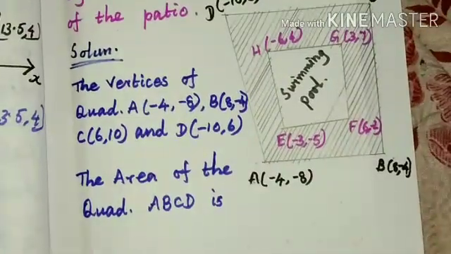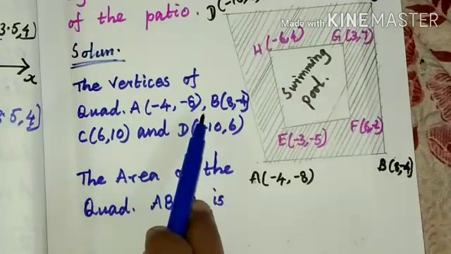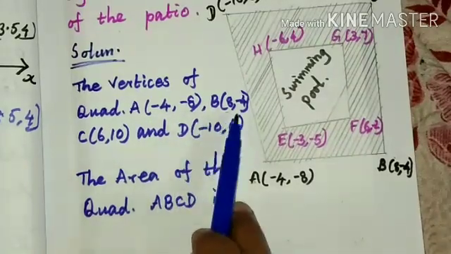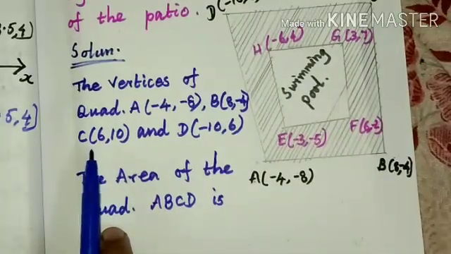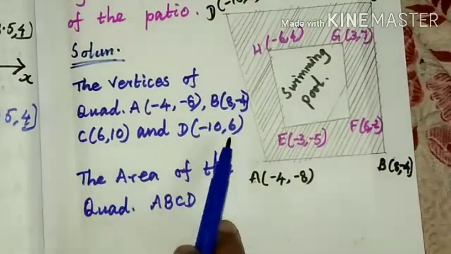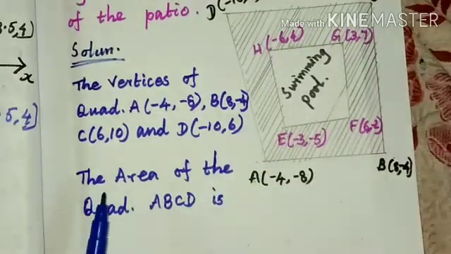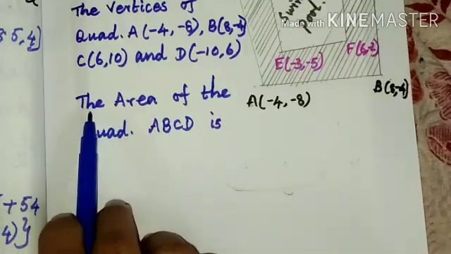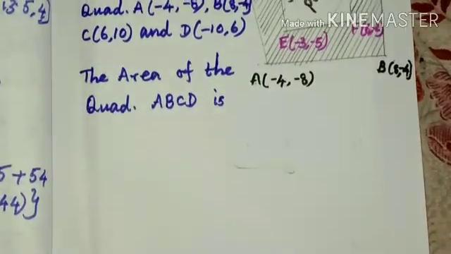First you write down the given. The vertices of quadrilateral are A(-4, -8), B(8, -4), C(6, 10) and D(-10, 6). So in the first step you have to find the area of quadrilateral ABCD.